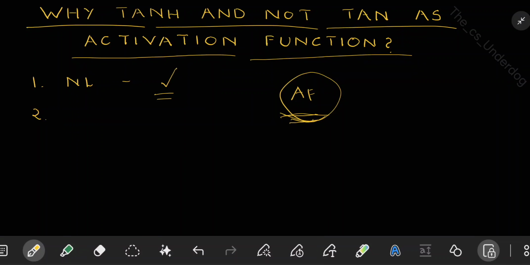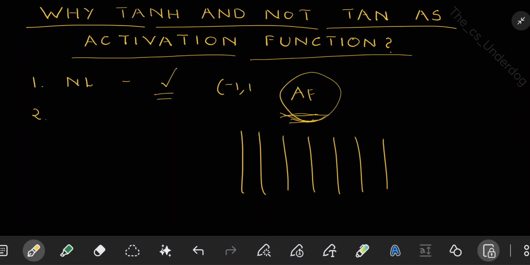What is the second requirement for an activation function? You can think of this point that it should be bounded and well behaved. If you have a lot of layers in the neural network, what is the importance of it being bounded? In case of tan h, in the lecture we had already seen it is bounded between -1 and 1. The advantage you will get is, let us say you are in the forward pass, that is you are going forward in the network. If an input is coming through all these layers, in each layer using the activation function, it will take some value.